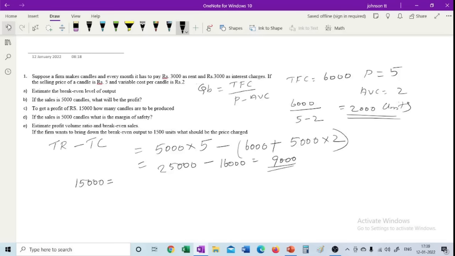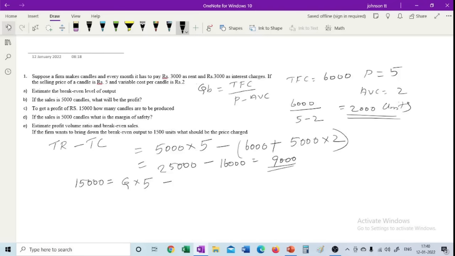So that is TR, quantity multiplied by 5, Q into 5, minus total cost. Total cost is the sum of fixed cost and variable cost.